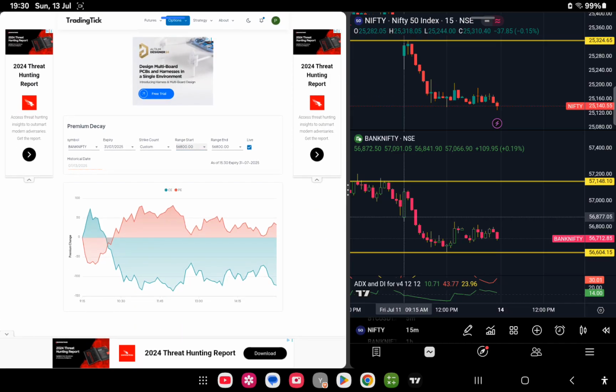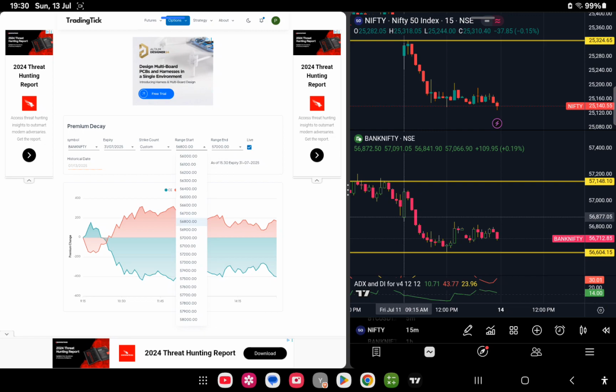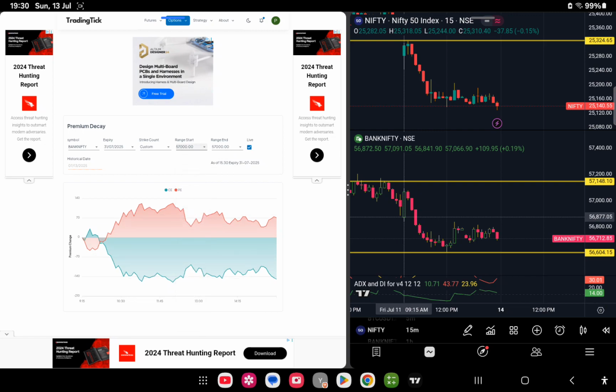So you could clearly see here from open decay was fast on the sellers' side. So it's the sellers who are winning from the starting for 800. Now slightly improve the count. I'm going to take 57,000, 200 points apart, and here also from the start sellers were winning. You could see how the negative decay is more.